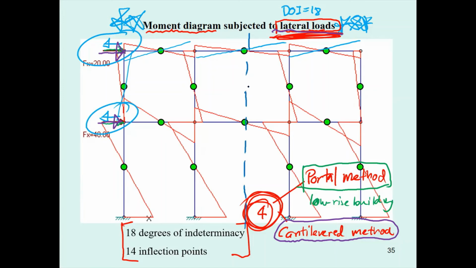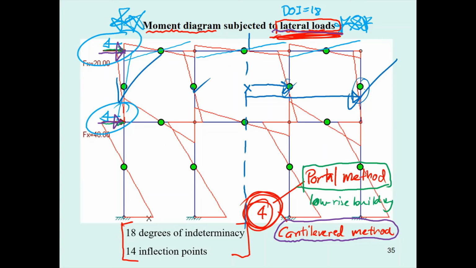That means the force here will have some value which is less than the force over here because this one is farther than this one. That means this column will have a large axial force, this one smaller, this one smaller, this one larger.